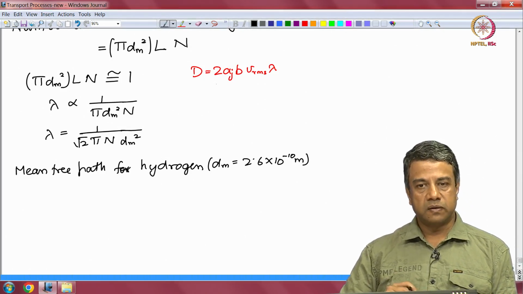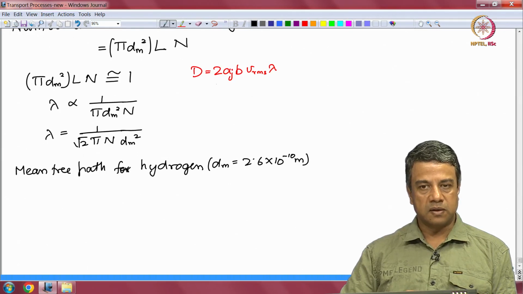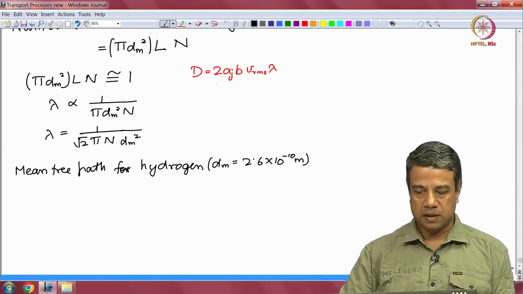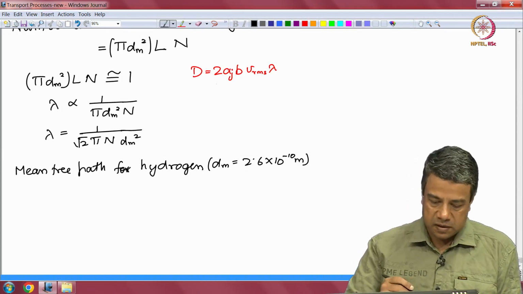I told you that even though these molecules are actually diatomic molecules, we will approximate them as rigid spheres with one molecular diameter. This is the molecular diameter for hydrogen.